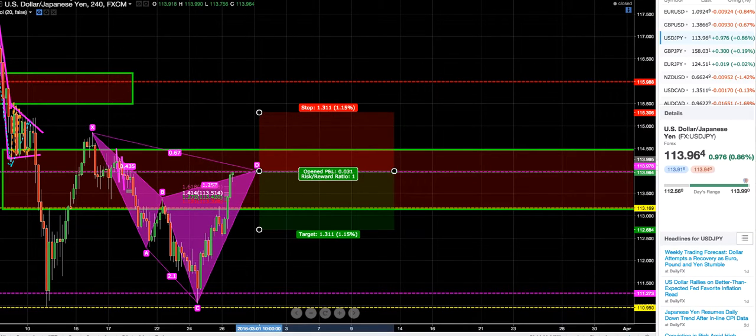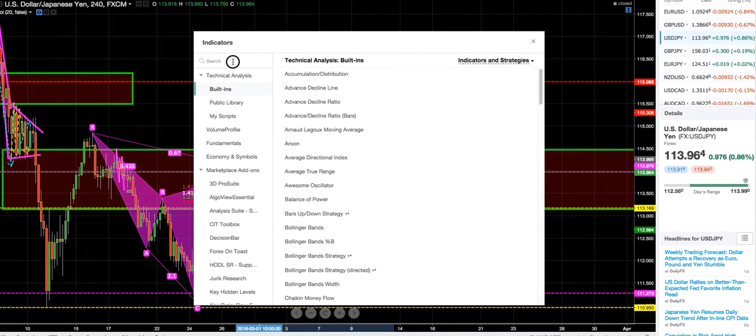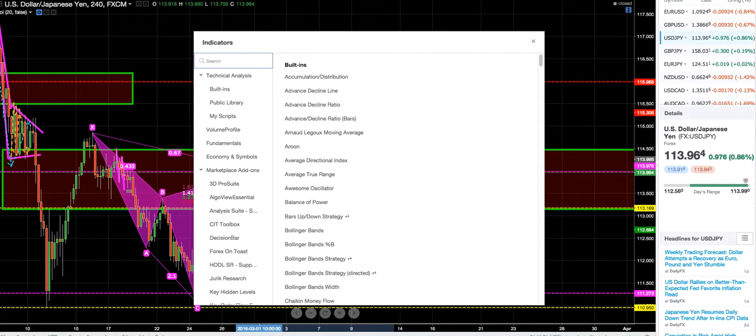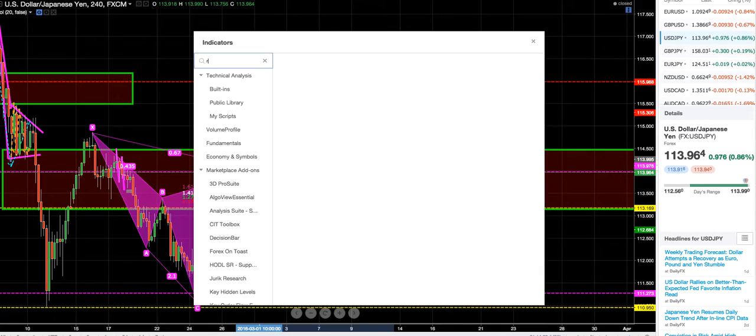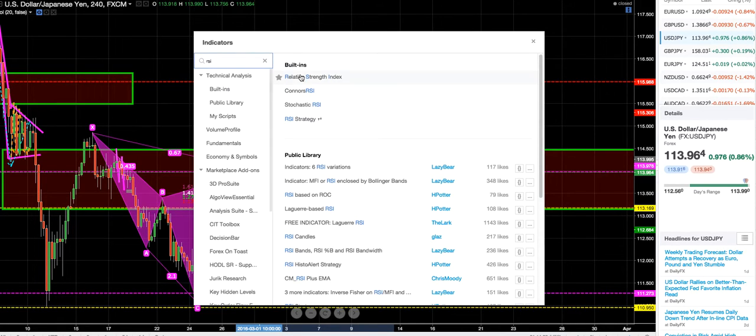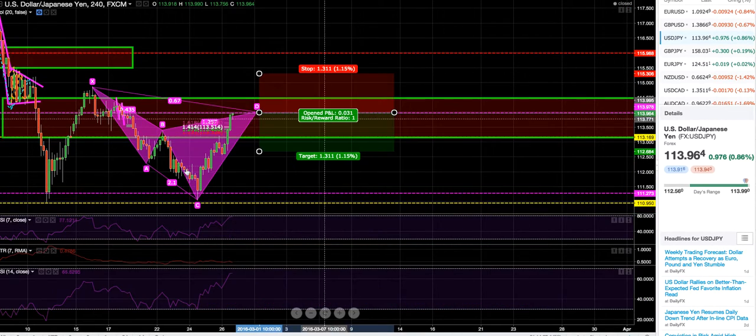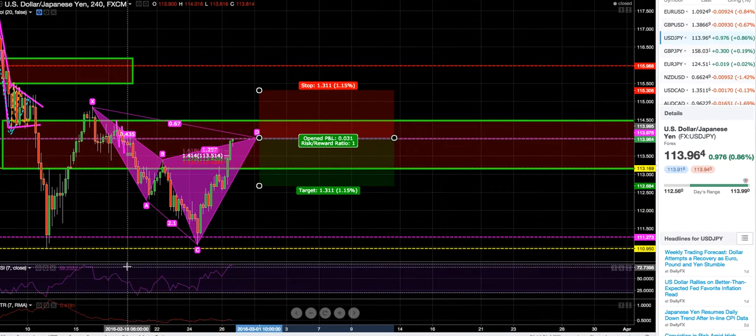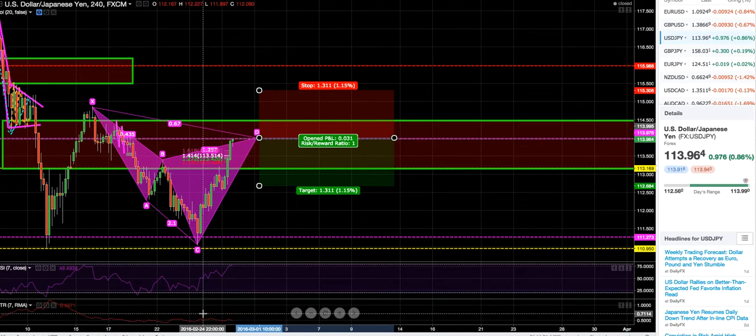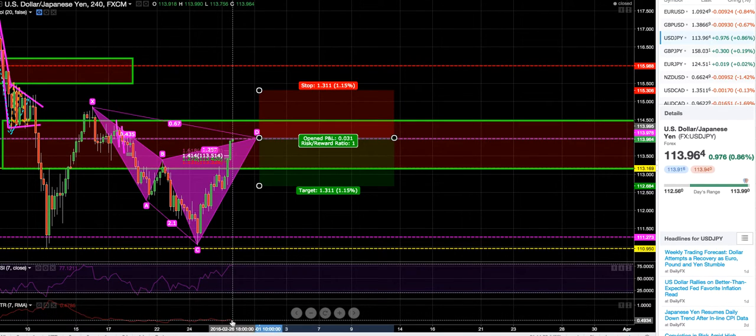Let's check if we can find the RSI. It seems to disappear sometimes. I don't know what's up with that, but let's check it out. And then everything appears. So the ATR right now is about 50, right?